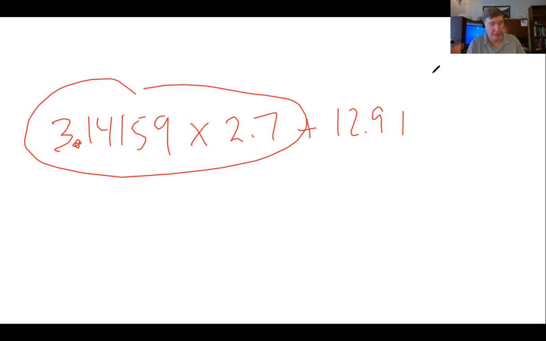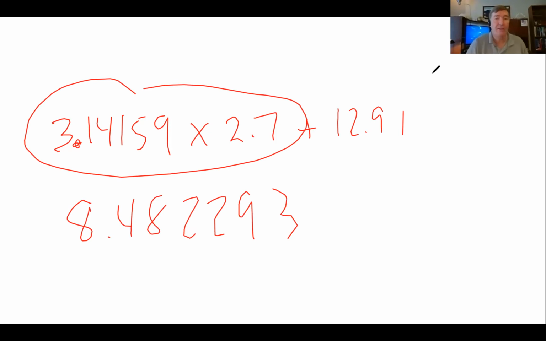3.14159 times 2.7. All right, so my calculator tells me 8.482293. Now, I really cannot trust these numbers right here because this 2.7 is actually 2.7 question mark.